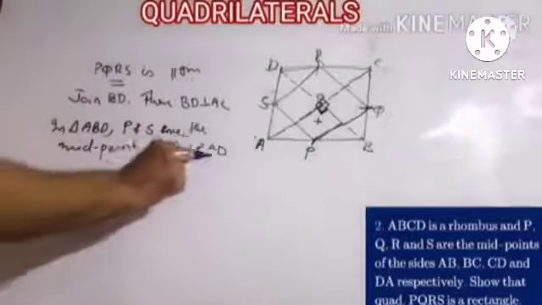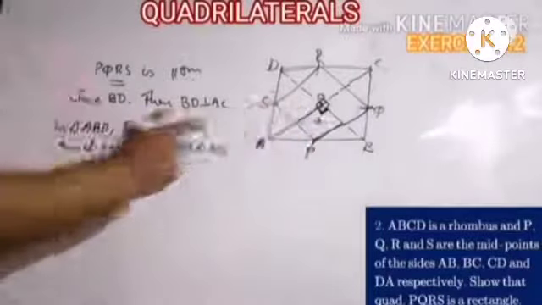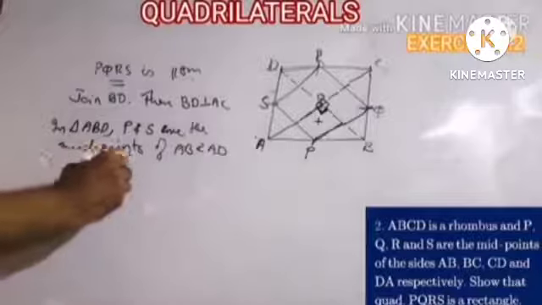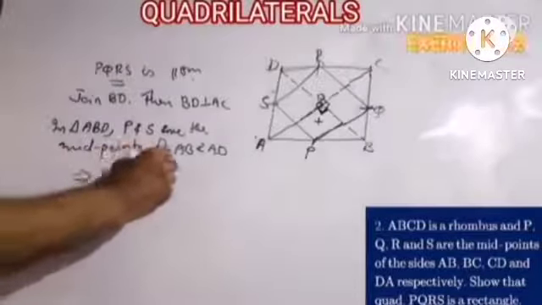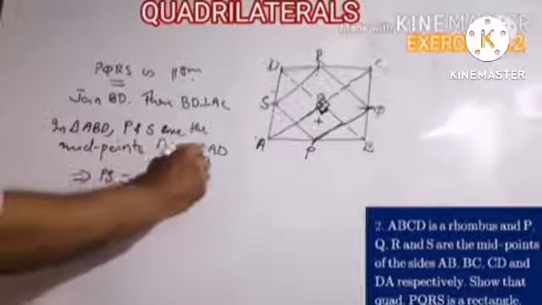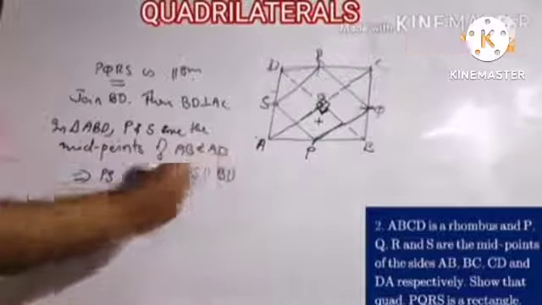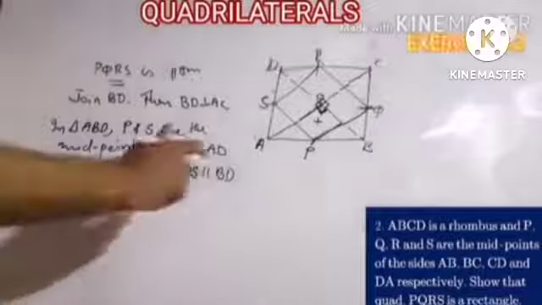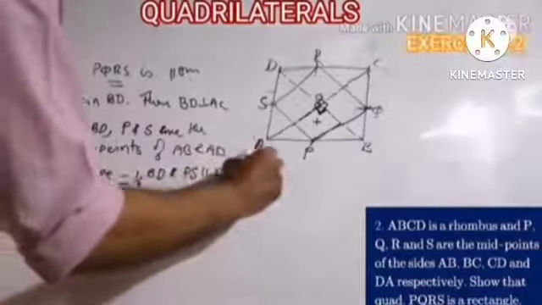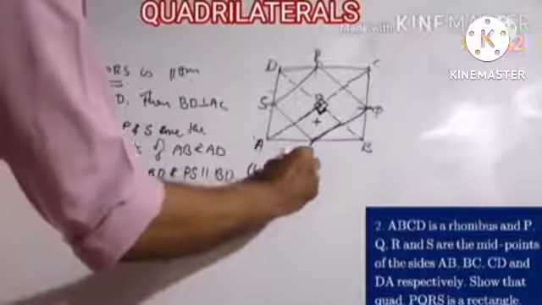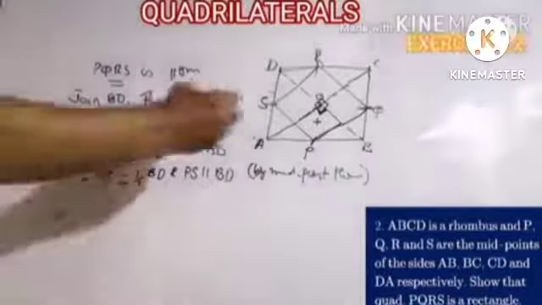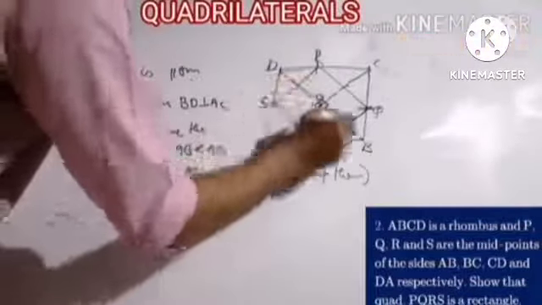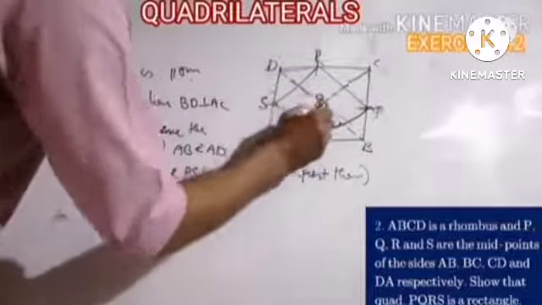Now P and S are midpoints of AB and AD, which implies PS equal to half BD and PS parallel BD, by the midpoint theorem. Now we have this PS parallel to BD. So when PS is parallel to BD, we can say that these two sides are parallel.